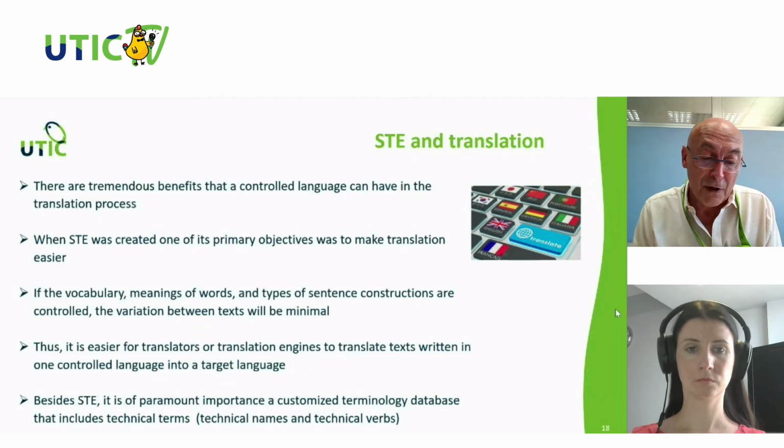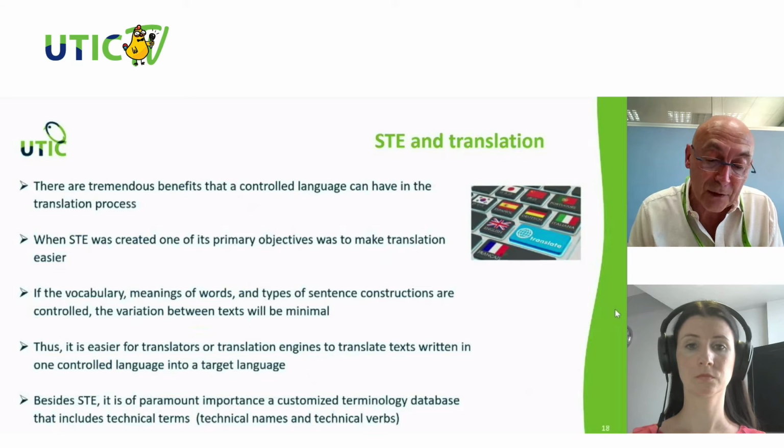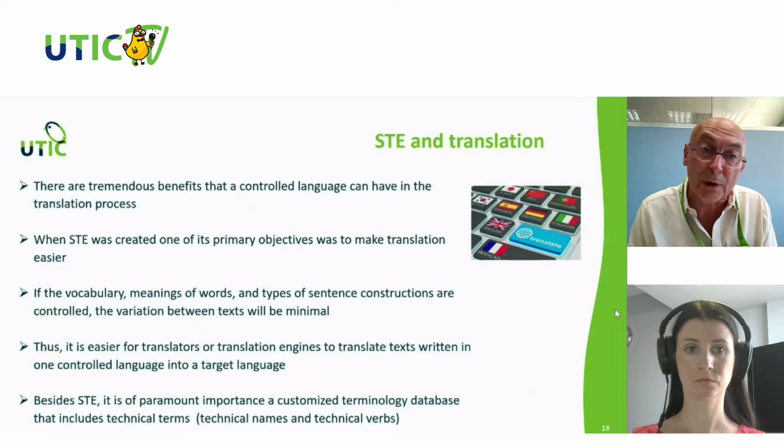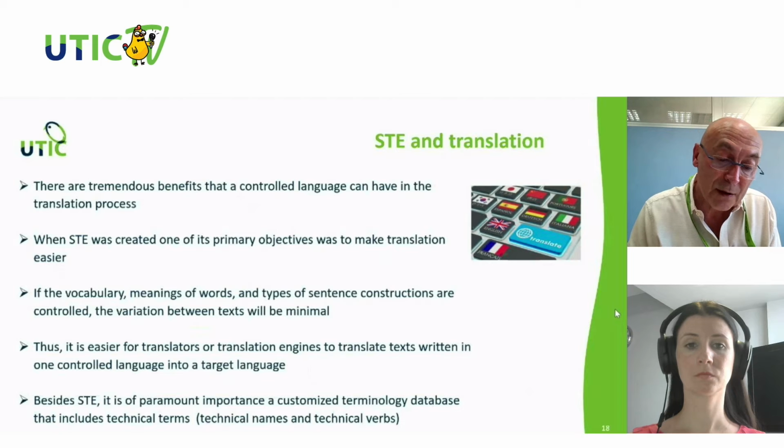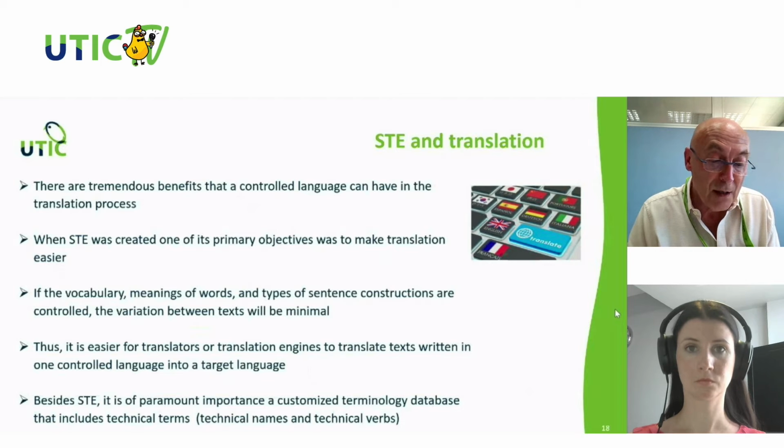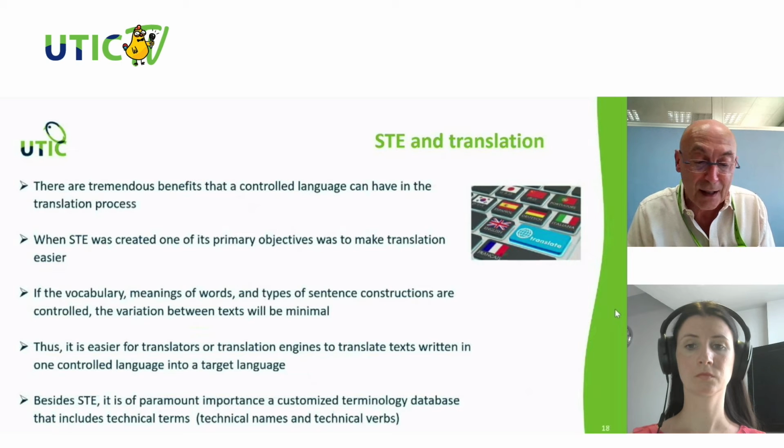This is based on the principle that if the vocabulary, the meaning of words and types of sentence constructions are controlled, the variation between texts will be minimal. Thus it is easier for translators or translating engines to translate texts written in one control language into a target language.